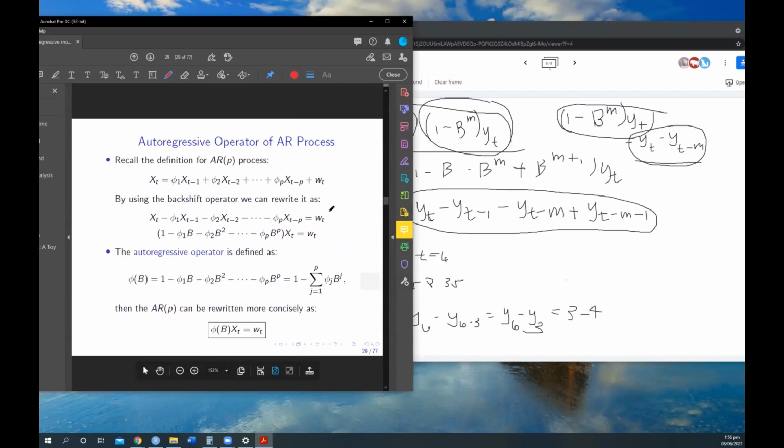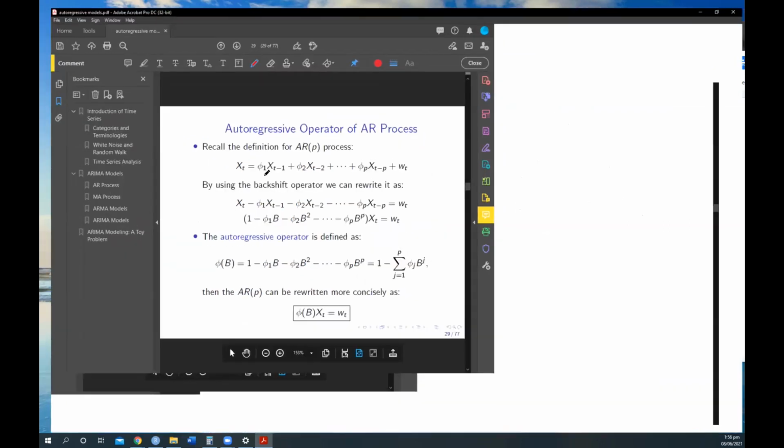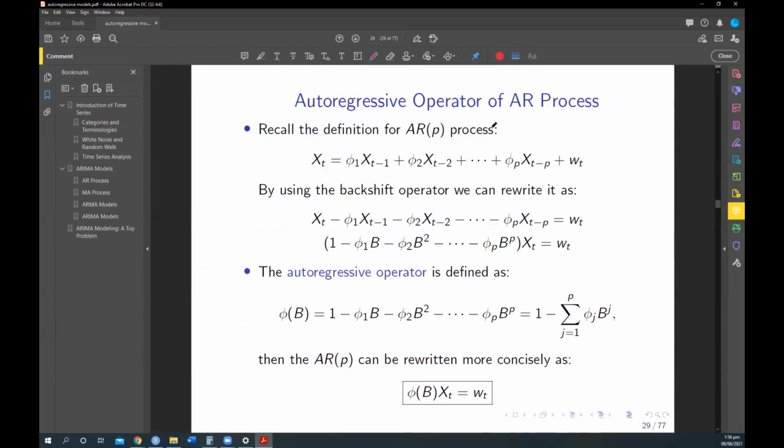Okay. Now, ang autoregressive naman, recall that the definition for an AR(p) process is using p past observations to predict the present.